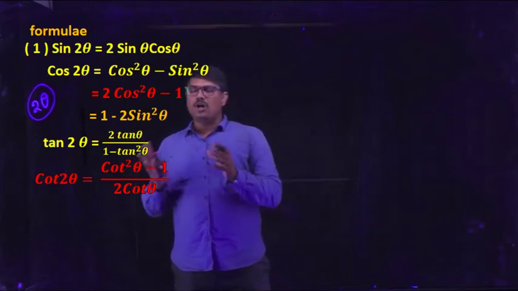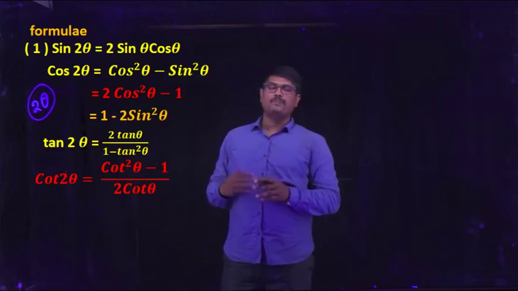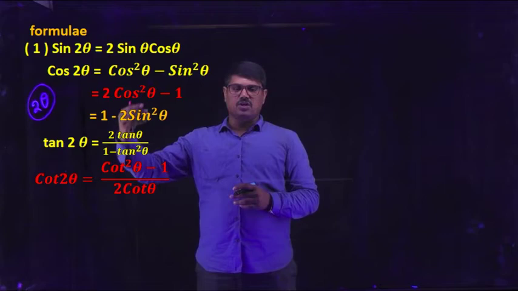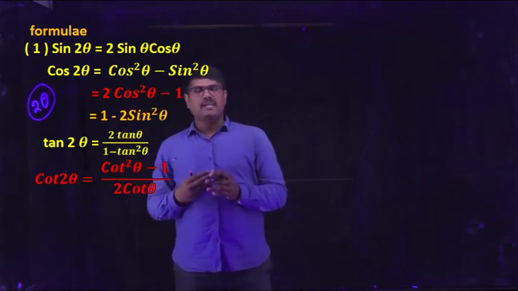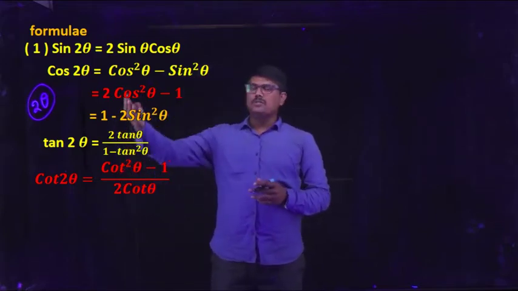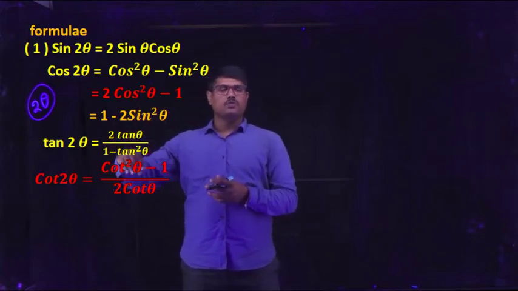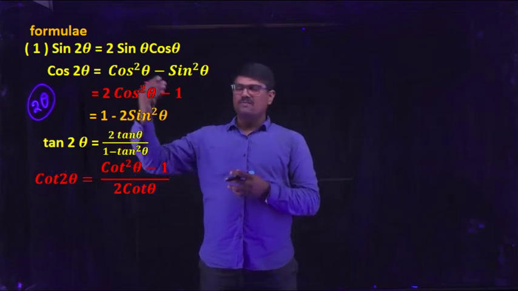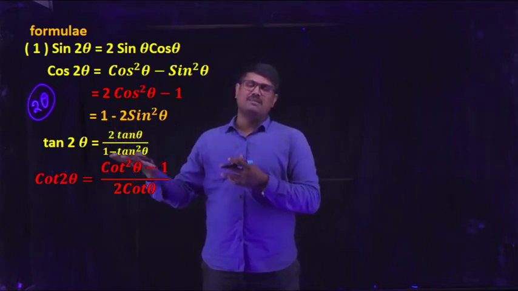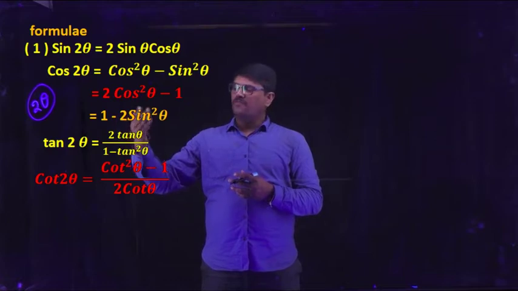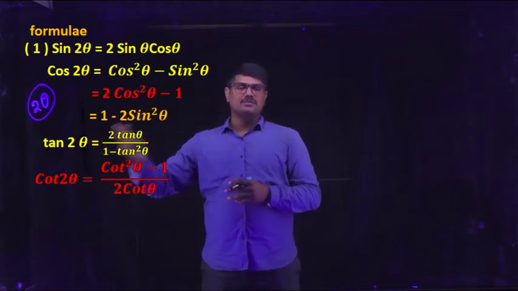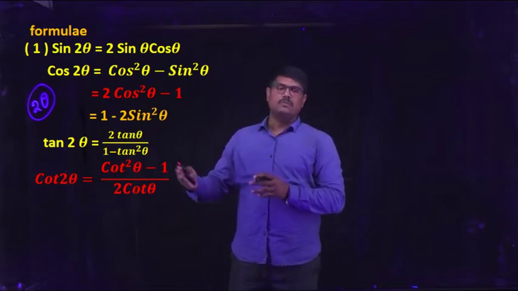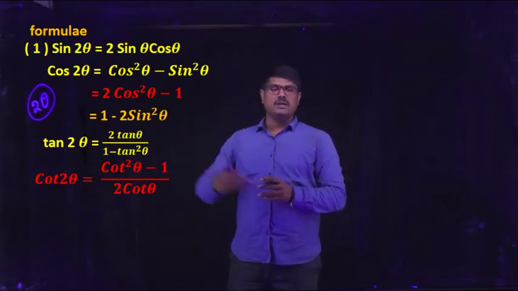Remembering all trigonometric ratios is not possible, so it is better to practice the formulas for sine, cos and tan. For the remaining ratios, use their reciprocals: for cosecant use 1 by sine, for secant use 1 by cos, and for cot use tan, since cot theta is 1 by tan theta.